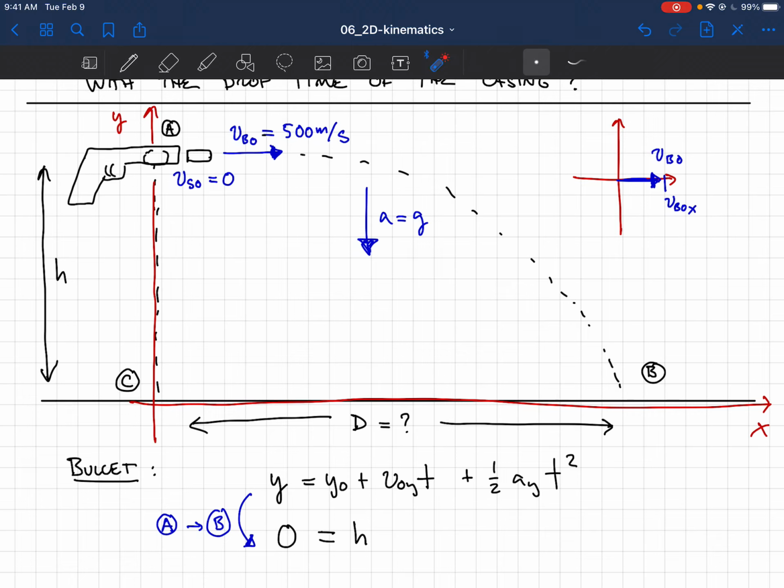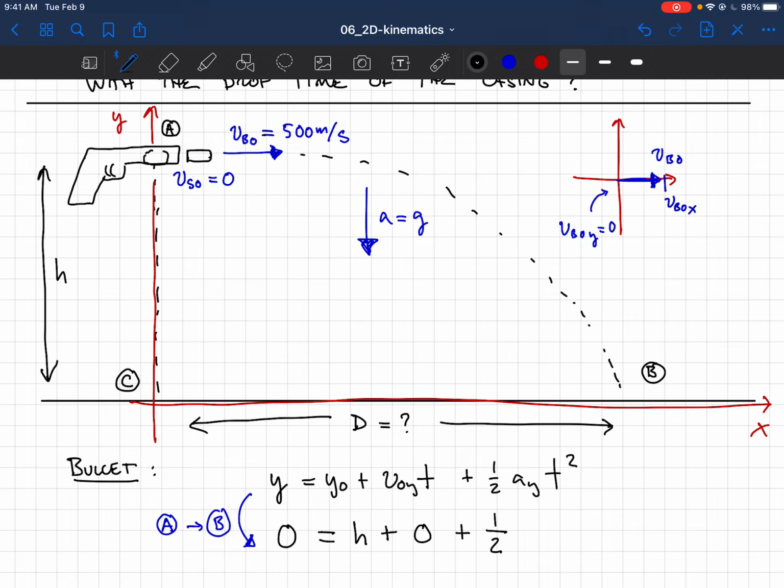What I'm looking for is the y component. If I go from the tip of the vector back to the y-axis, I land at 0. So v bullet naught y is equal to 0. So at this point I can write in plus 0. 0 times time is 0.